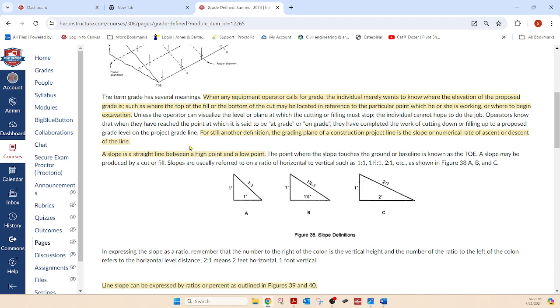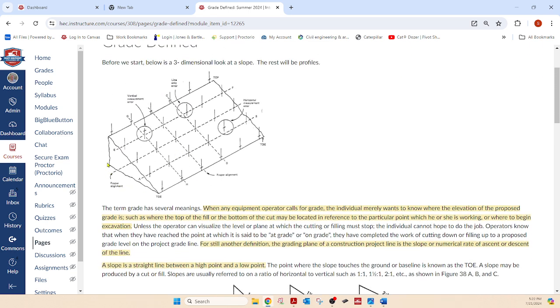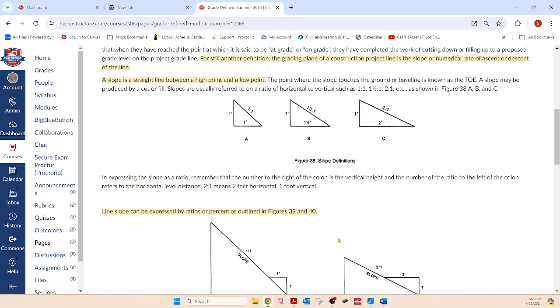The horizontal distance is not from the top down, but from the top out to where the toe is. This is the horizontal distance, and this is the vertical distance, right? Okay, so we got that much done. Let's move along a little bit.